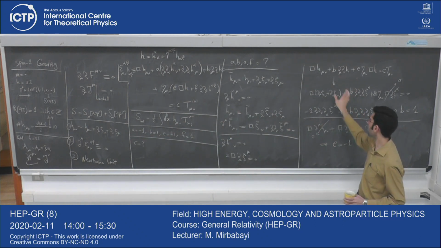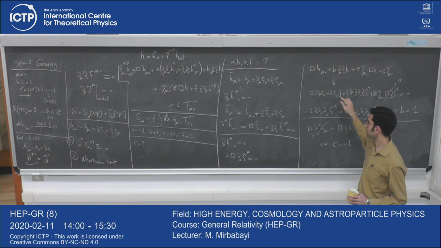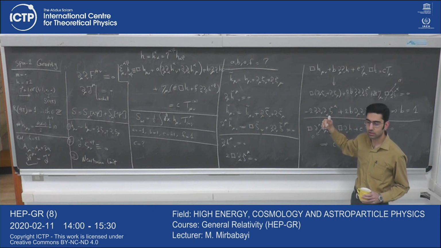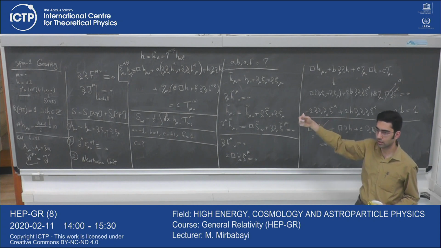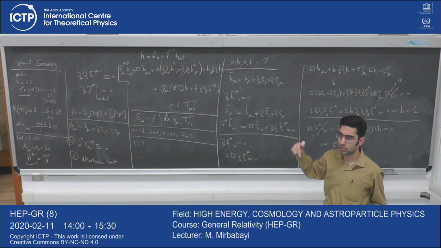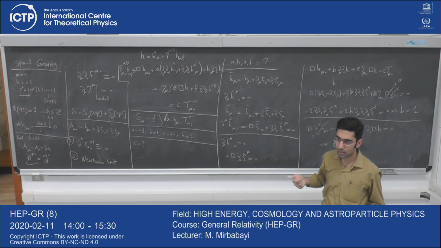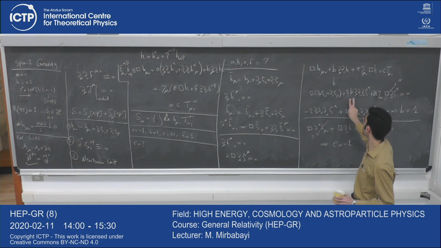So here I have written only the change of the left hand side. And we want the change to vanish, because we want the equation to be invariant on the gauge transformation. So the analogous case would be that when we write Maxwell equation, d mu f mu nu is invariant on the U1 transformation. So that's how I got from here to here.